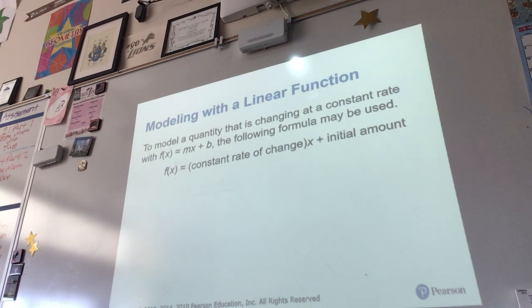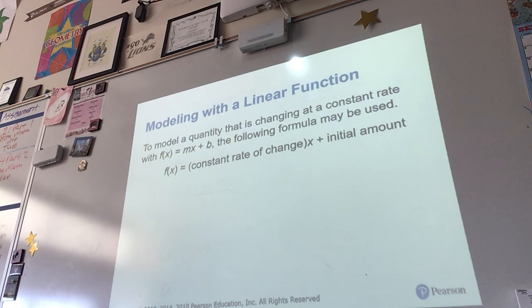So things like that with the word per, things that are changing, that is your slope, and then your y-intercept is your initial amount, your starting point. If you remember back to the problem about the guy driving in Texas, or away from Texas, he was 15 miles north of the border, that was his starting point, and he was moving 60 miles an hour, that was the rate of change, the speed.